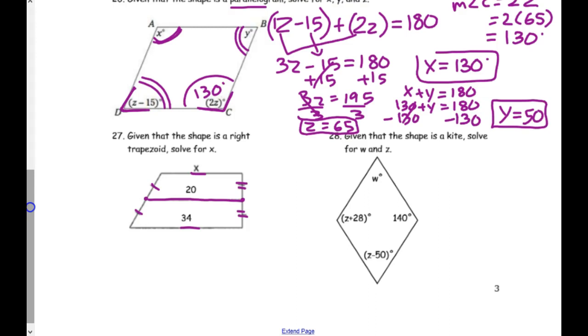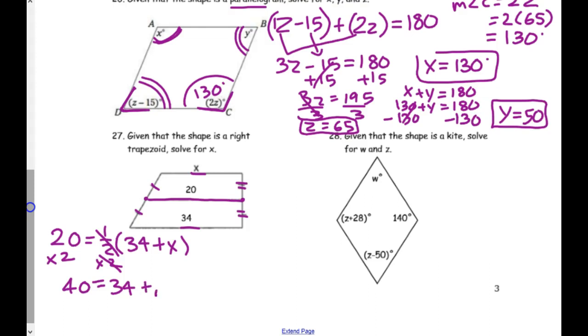So the way we would set it up is the mid-segment, 20, equals 1/2, and then we would add up the outsides, 34 plus x, okay? So, to get rid of the half, I would do times 2, times 2, 40 equals 34 plus x. Then I would subtract 34 from both sides, and I would get 40 minus 34 is 6.